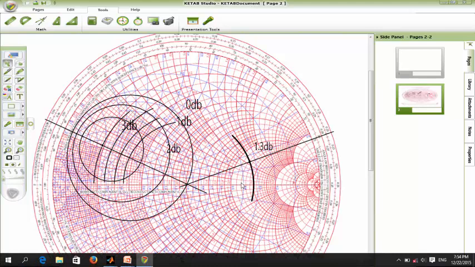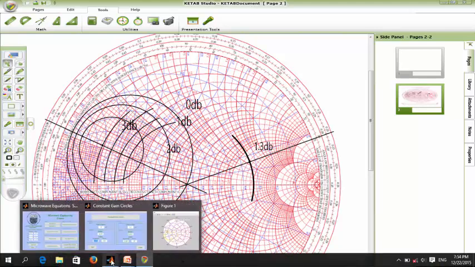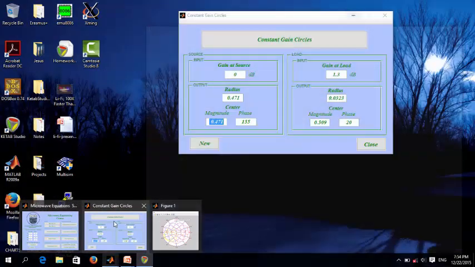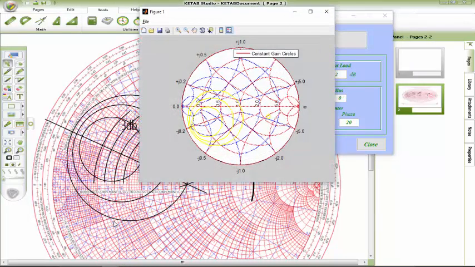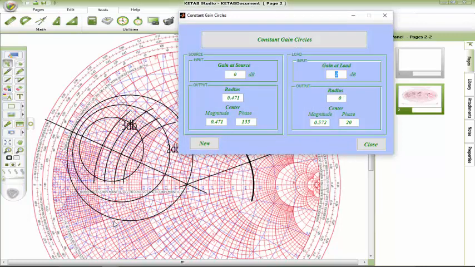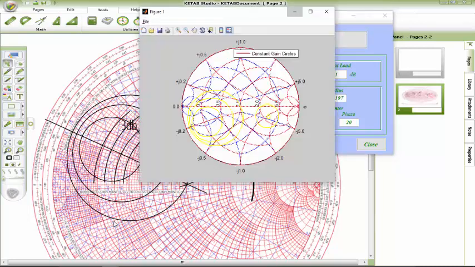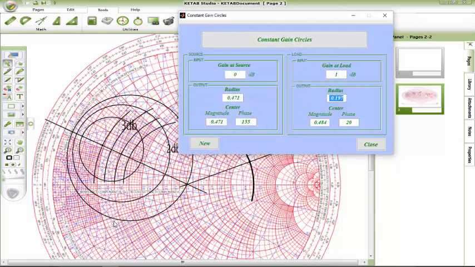So after that we want to go to the load. If we put 2 dB, we don't have a radius, so we want to put a smaller number like 1 dB. At 1 dB we have a 0.19 radius and the center at 0.48.